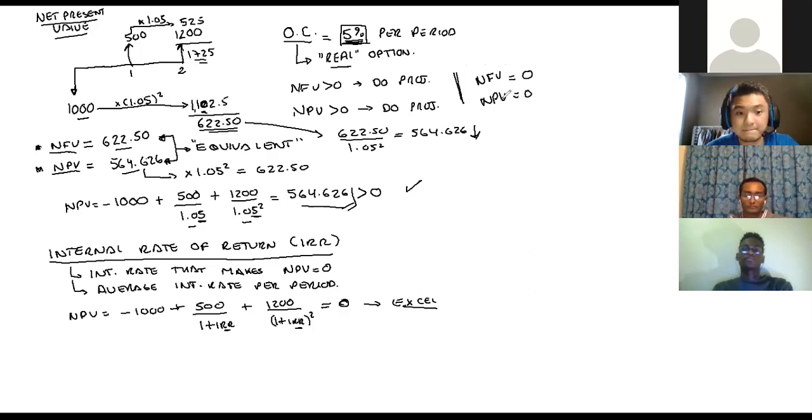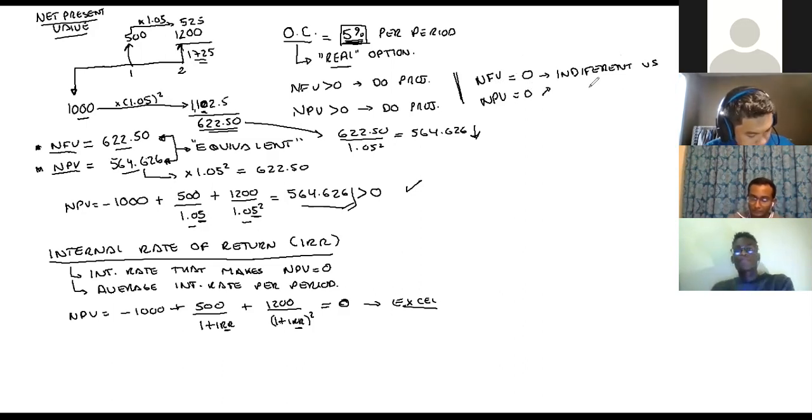This implies that these cash flows are equal to the original investment, but these cash flows are discounted at the opportunity cost. So when you have a net present value equals 0, it implies that you are indifferent versus the opportunity cost. You can do either the project or the opportunity cost. You're indifferent.